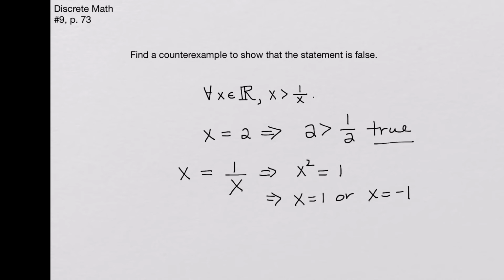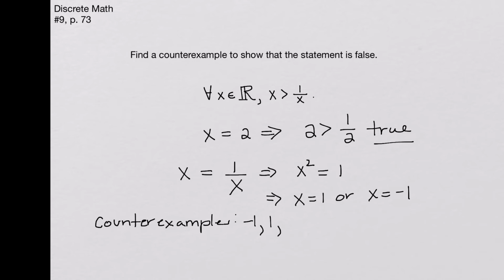So I've got some counterexamples. Let's keep track of them here. Counterexamples: negative 1, positive 1. Another value I could try just plugging in for x would be 0.